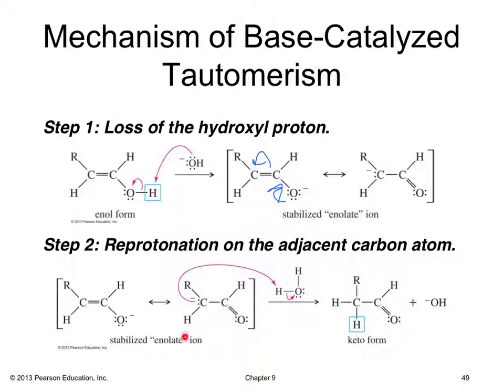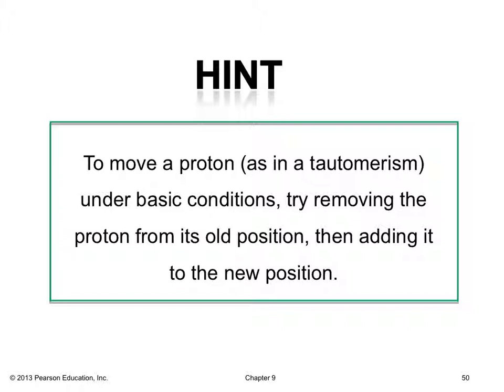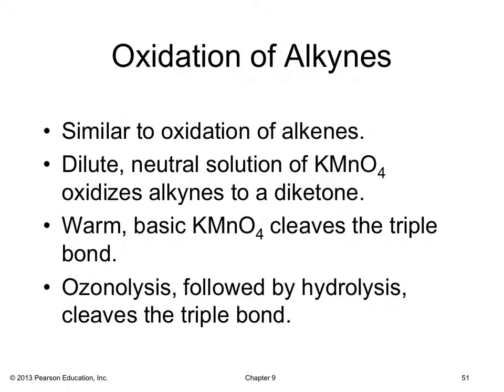Once you have the stabilized enolate ion, electrons from that carbanion will pluck off the hydrogen, generating the keto form. To move a proton, as in a tautomerization under basic conditions, what's important is you want to remove the proton from its old position, then add it to the new position, the opposite of the acidic case.